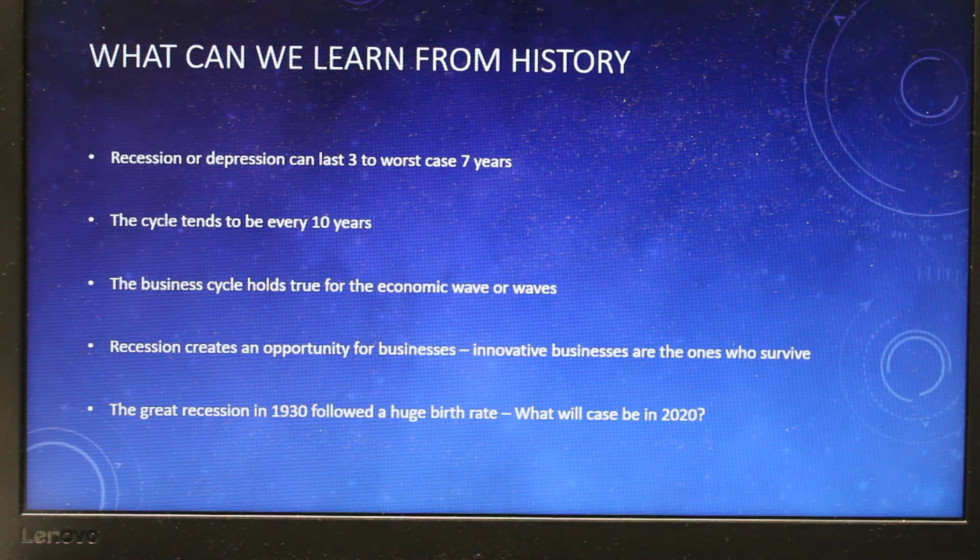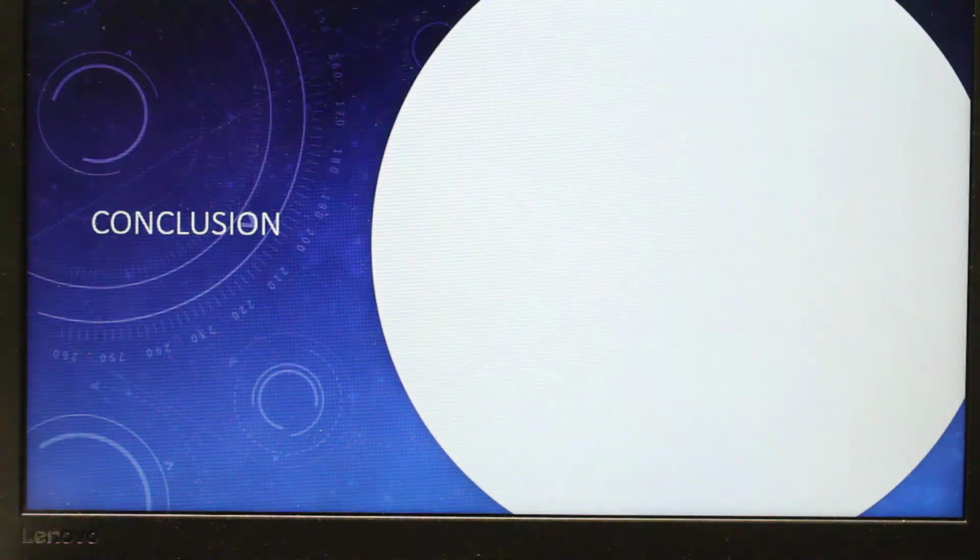We may have a situation where we have a huge birth rate subsequent to the return to work. This is yet to be seen, but if the world is staying home, the birth rate is going to be high. So next year, between December and January or February, we will see the results of this, but we may have a high birth rate.